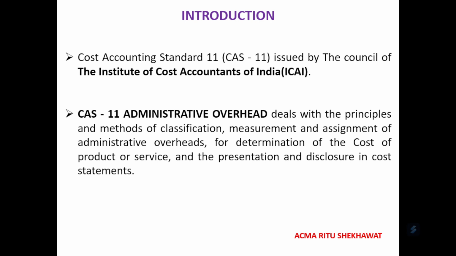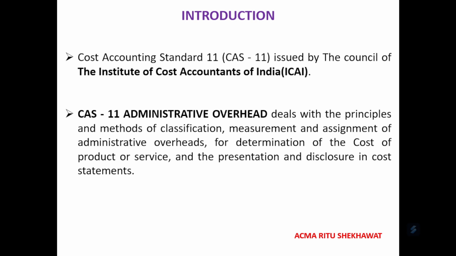For easier understanding, if you are paying any remuneration to non-executive directors, then it will be covered as administrative overhead, not as an employee cost. Administrative overheads usually represent three sectors.